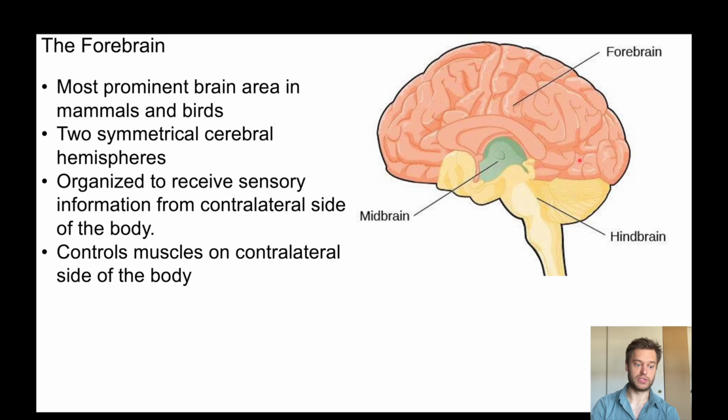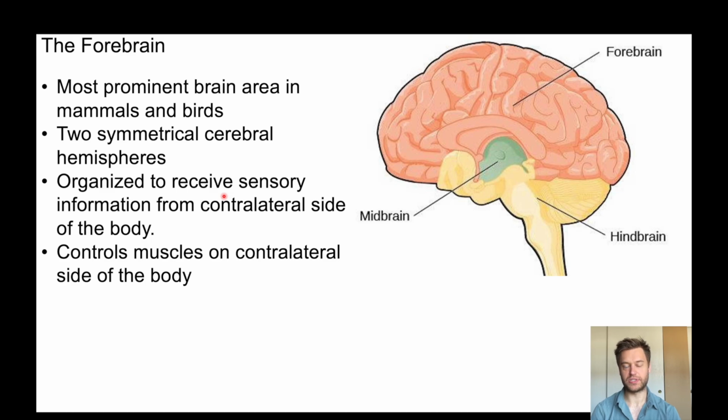That's essentially what this is talking about here. Not only are you sending information to the contralateral side of the body for your movement and things like that, but you're also receiving sensory information from the opposite side of the body.